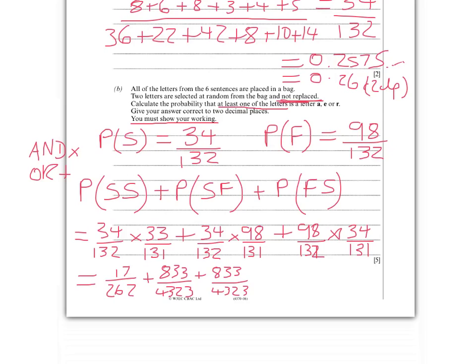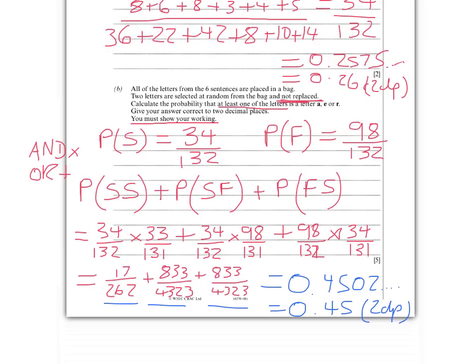Now I've ended up with these three values, and when I add those together, that gives me an answer of 0.4502, etc. So we know to two decimal places, that's just going to be 0.45. So the probability of getting at least one of the letters A or R is 0.45.